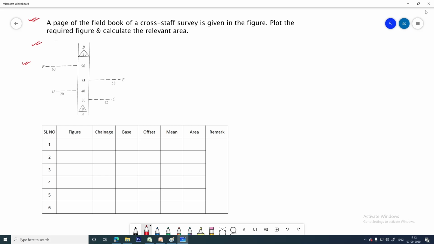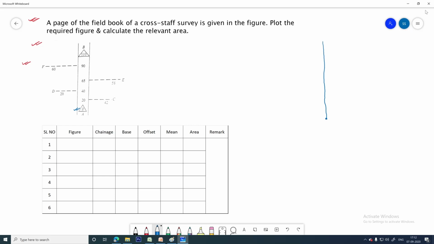First I will make the center line. Consider this one is the center line. Initially the starting point is 0, so consider this point is 0.